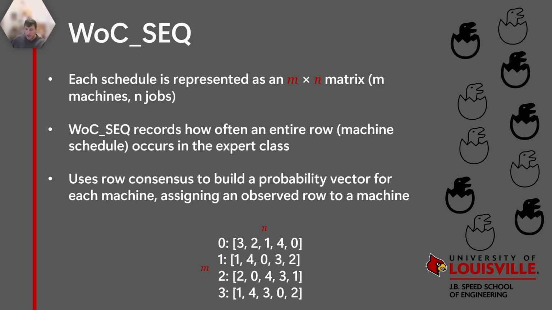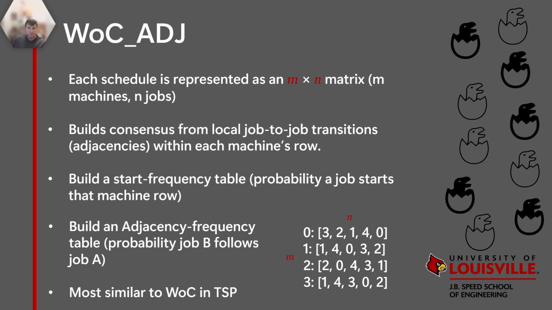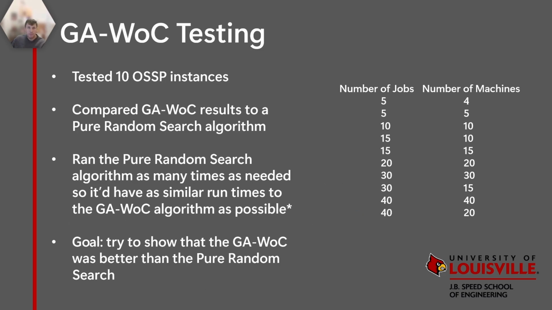So we mixed and matched top performing machine schedules and built consensus that way. And then the third crossover function using Wisdom of Crowds was adjacency, the adjacency between two operations. This is the most similar to the traveling salesperson problem, where we think of how often one city went to city B. How often did job A go to job B on a machine is what we're thinking here.